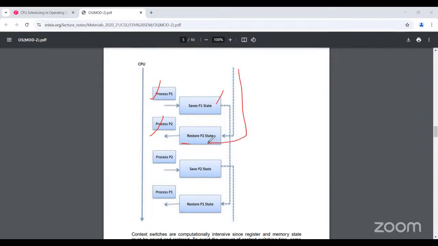Again, process 2 is selected. Then process 2 is continued. Again, process 1 is continued. So it is switching between process 1 and 2. That is called context switching.